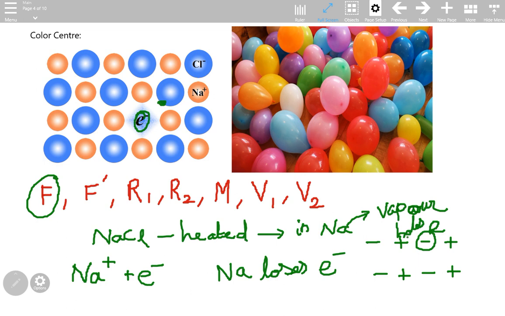For this side, any electron or Cl minus will take, which will produce an entire crystal. So in this F center, an electron will occupy a vacant negative site, which is a reason behind one of the production of color.